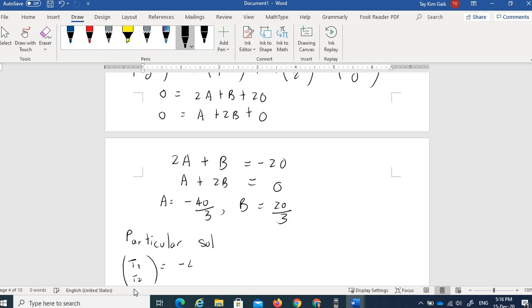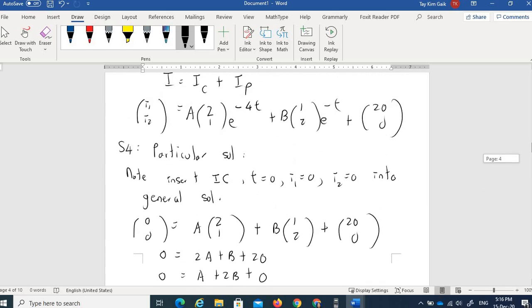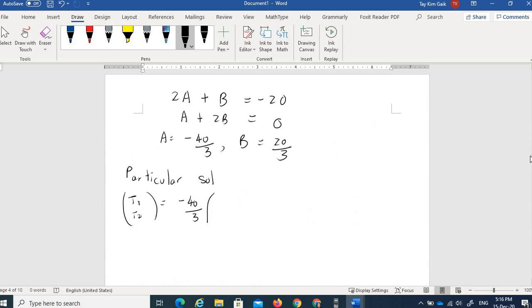A is negative 40 over 3, this is V1 with exponent negative 4t, B is 20 over 3, plus 20 over 3.